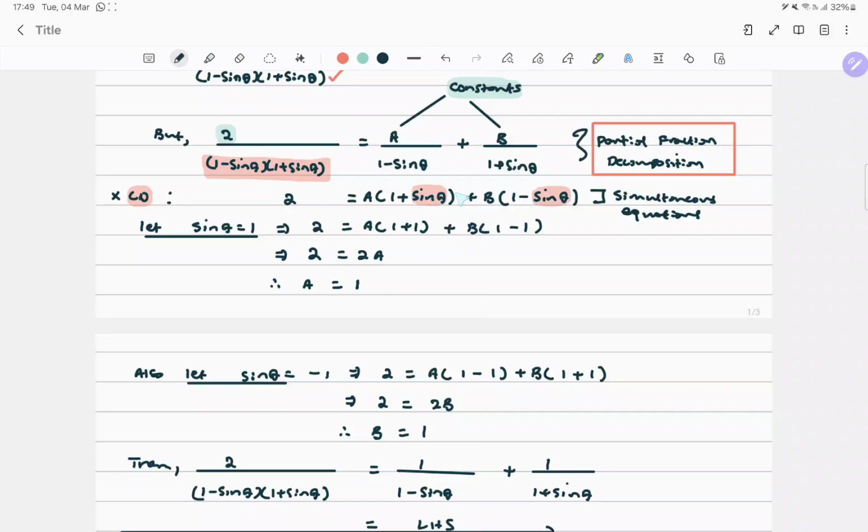But you can choose any value, but once you choose any value, you don't kill the next term. What would happen is you will end up with an expression with two variables or unknowns. Then you can express one unknown by another. Then you choose another value for sine theta. It doesn't matter what it is.